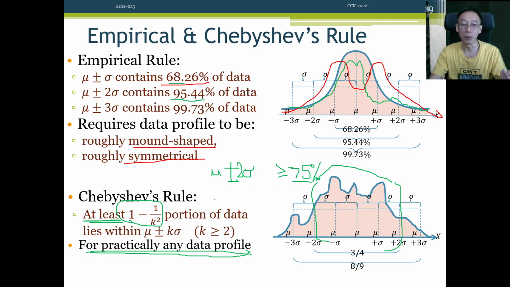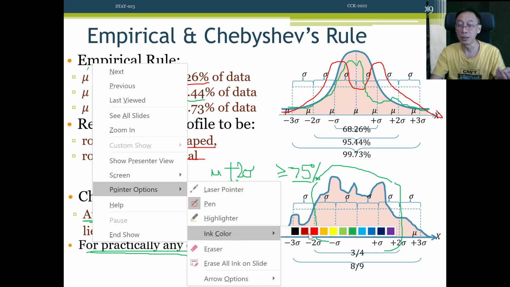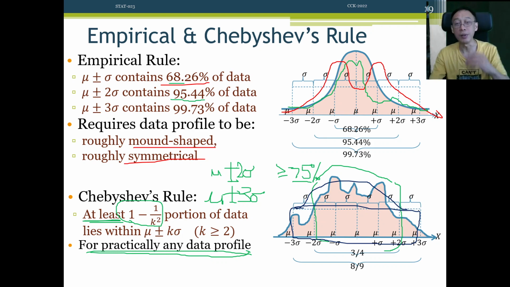Let's try one more time. For k equals 3, you can see that there will be mu plus minus 3 sigma. So how much of the data will be contained within mu plus minus 3 sigma, right? How much data is that? How much area is that?